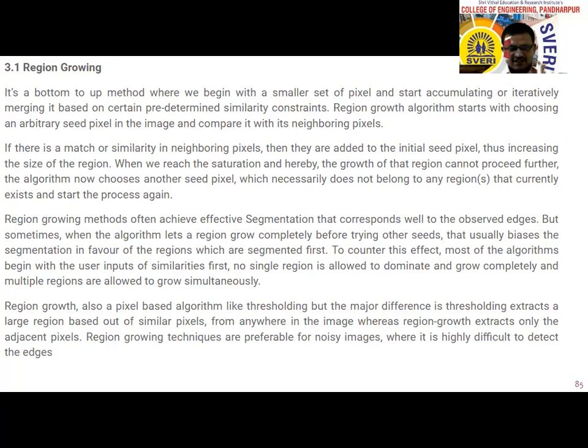No single region is allowed to dominate and grow completely, and multiple regions are allowed to grow simultaneously. Region growth is also a pixel based algorithm like thresholding, but the major difference is thresholding extracts a large region out of similar pixels from anywhere in the image, whereas region growth extracts only the adjacent pixels. Region growing techniques are preferable for noisy images where it is highly difficult to detect the edges.